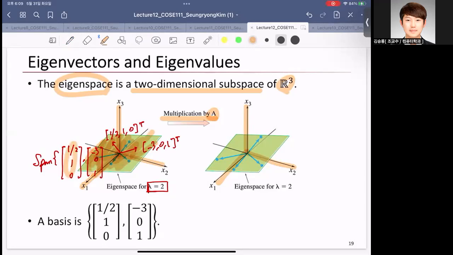In this case, when we consider the vectors in the eigenspace, which are going to be eigenvectors, this vector is just a stretch while having the same direction.